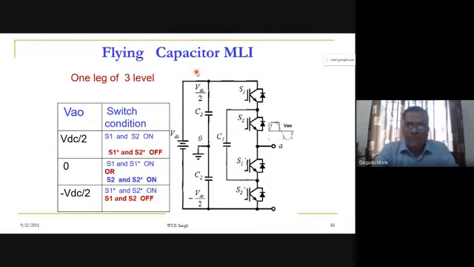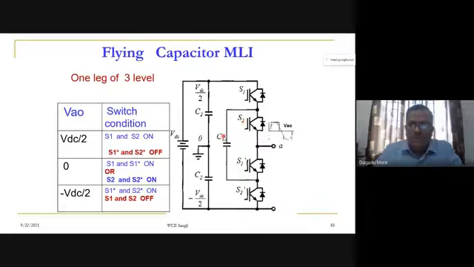Also, it is possible to control with space vector PWM and space vector control. Today, we are concentrating on the second topology, that is the flying capacitor multi-level inverter.